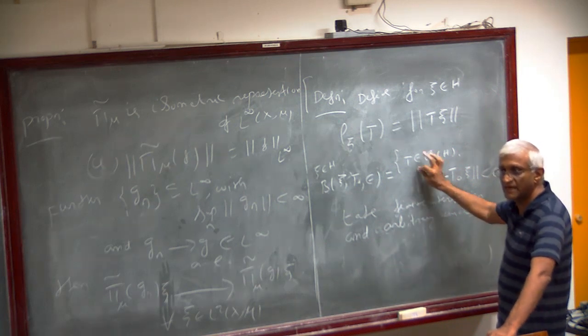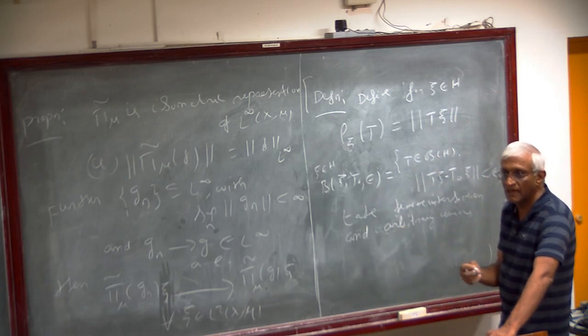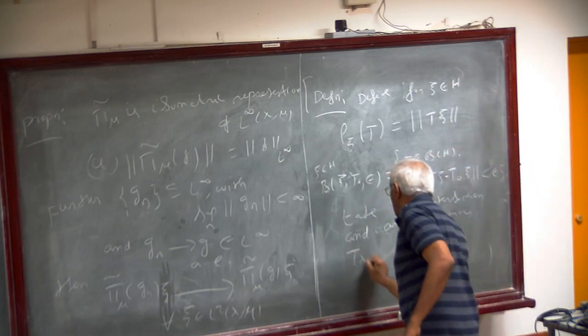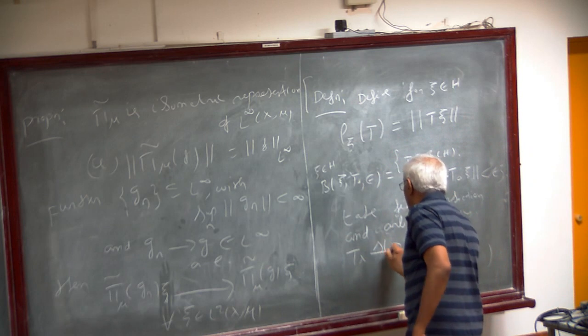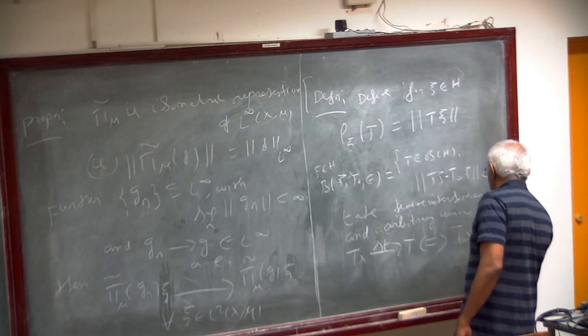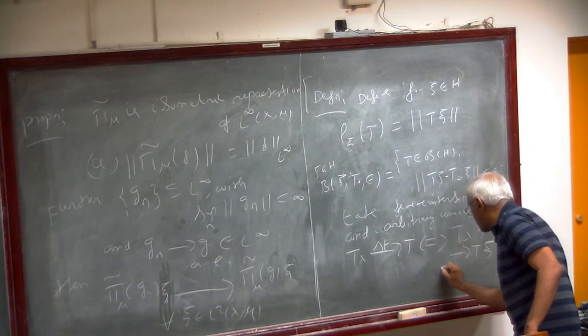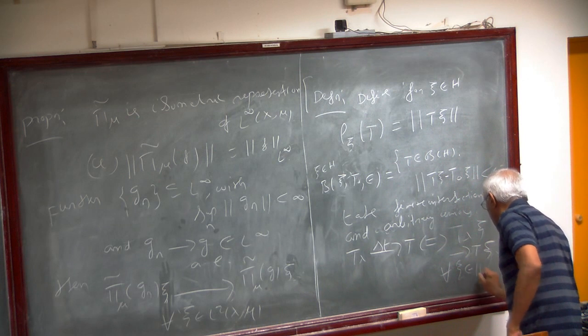This topology is generated by this, and this is what is called the strong topology. And a net T lambda converges to T strongly is equivalent to saying T lambda xi converges to T xi for all xi.